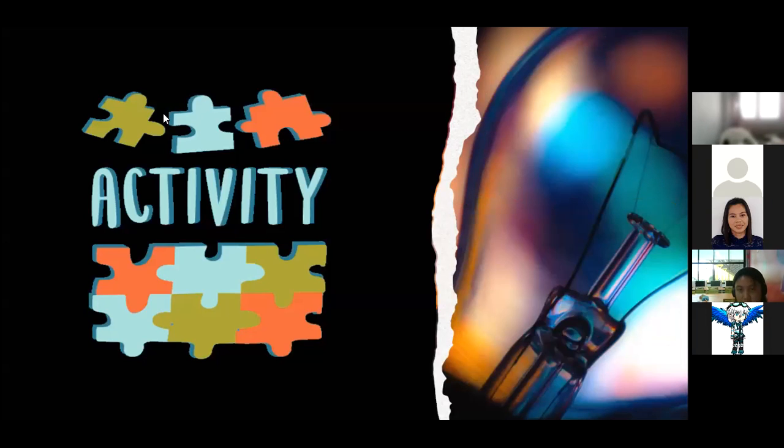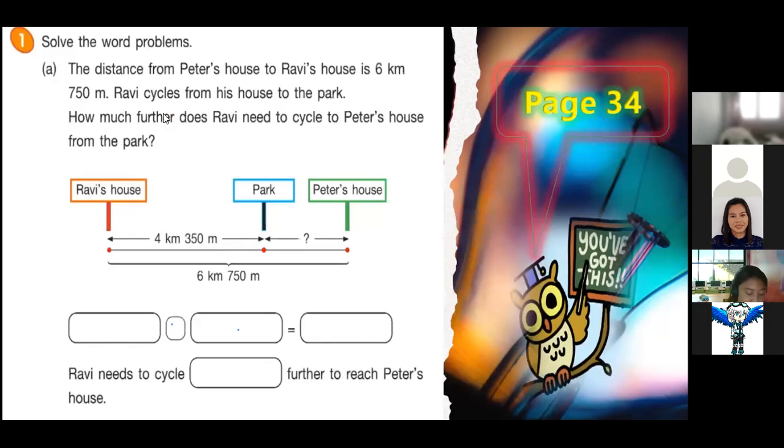Okay, let's proceed to page 34. I write the page here. So can you see the page? So we have here the distance from Peter's house. This is Peter's house, the green, and Ravi's house is the orange.